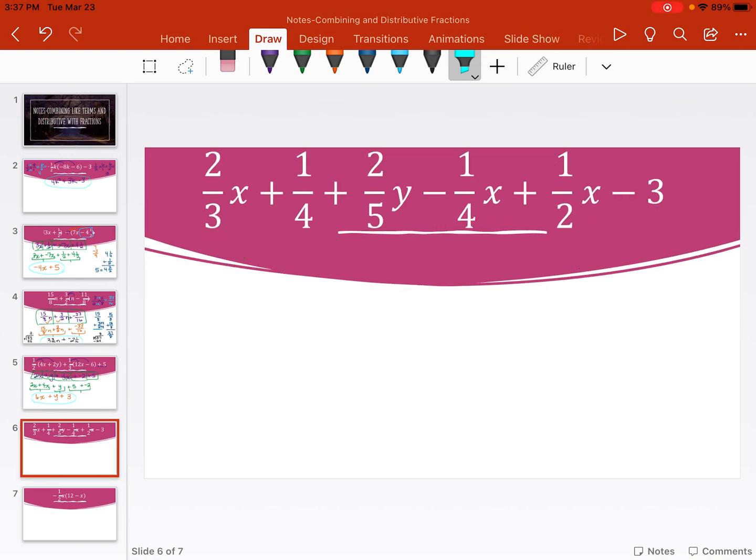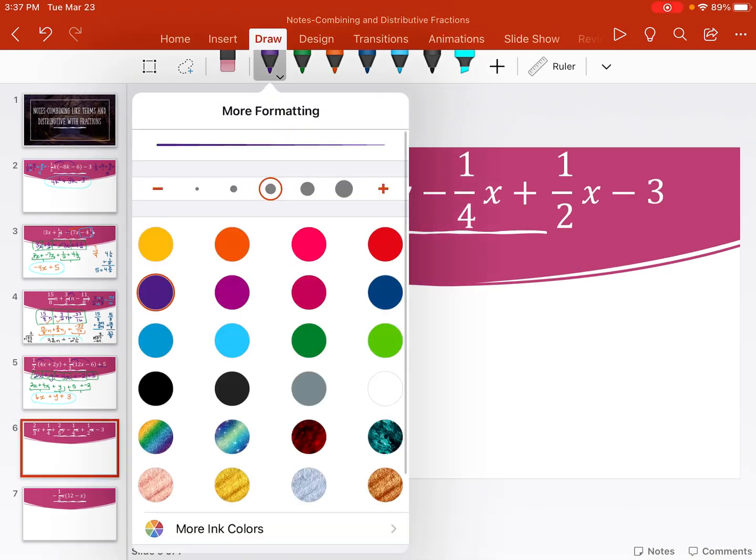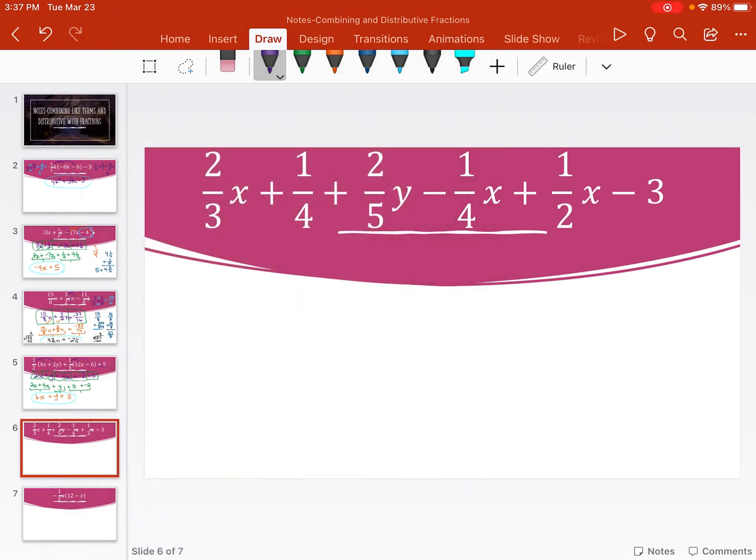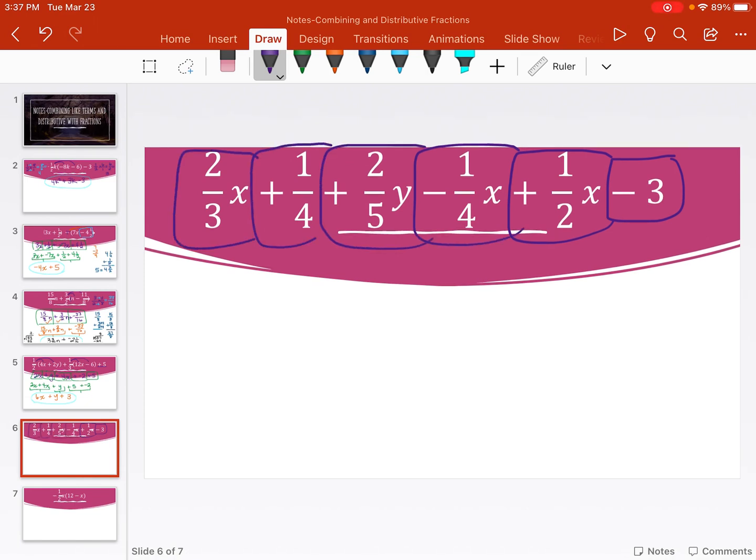Okay, lots of fractions here, nothing to distribute at least, so let's go ahead and box our terms to start. And then we're going to find our families. So I see 2/3 x. And here's another x to go with it, so plus 1/2 x. I like to put all of the positives together at the beginning, so then you don't have to think about negatives so much.